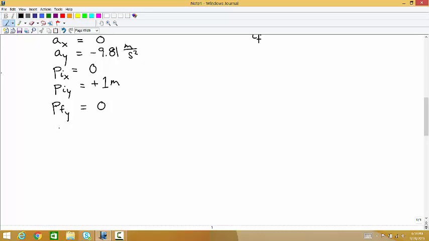And then what about the initial velocity? Do we know anything about that? So we know that the initial velocity vector looks like this. It's 20 meters per second horizontal. And if we put the tail at the coordinate system, this just becomes one of those vector problems.